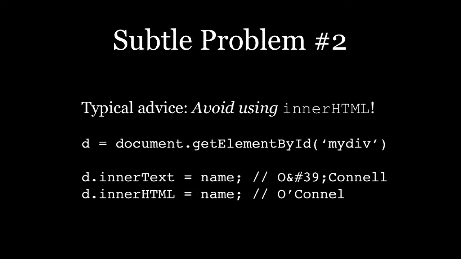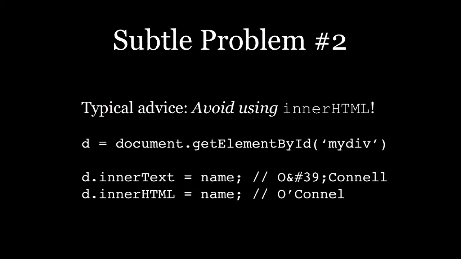The problem comes in once people start using that particular variable. For example, let's say you have a div, and you want to assign that value to the div, to display the name on top, you're logged in as this and that. Usually the advice we give people is try not to use innerHTML, right? You tell developers, do not use innerHTML, because when you use innerHTML, you will potentially have XSS if something is attacker controlled.